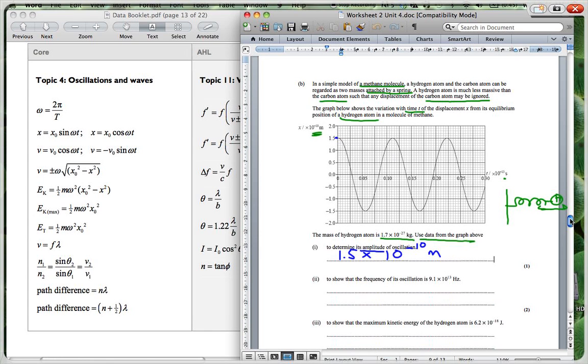Show that the frequency of oscillation is 9.1 times 10 to the 13 hertz. Now from the graph we can actually get what we call the period. We can get the period of the graph, and that is the time taken for one complete oscillation. So we have the period, the T, for this graph.